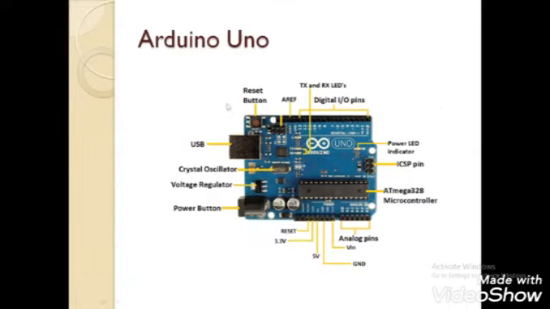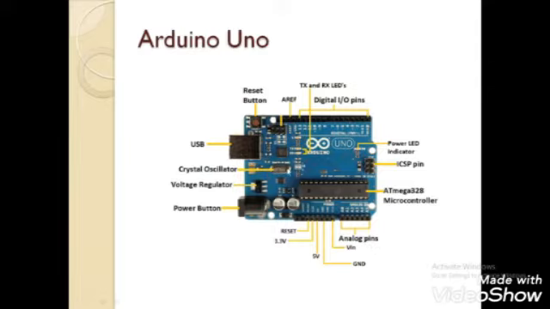So the board we are using in this project is Arduino Uno. The main processor is the ATmega328 microcontroller. These are the digital input output pins where we can get values of maximum up to 5 volts and minimum 0 volts. These are the analog pins which are used for analog input.